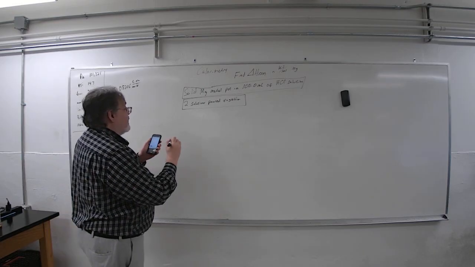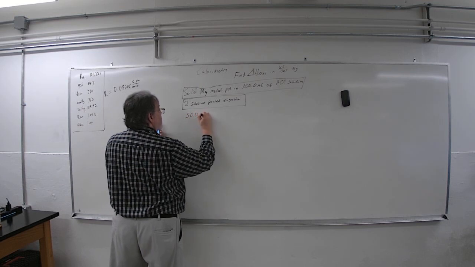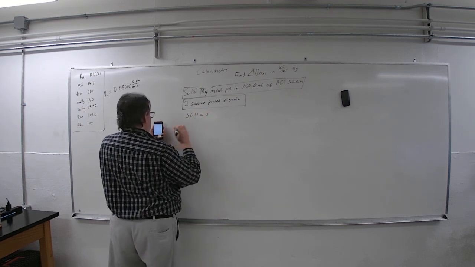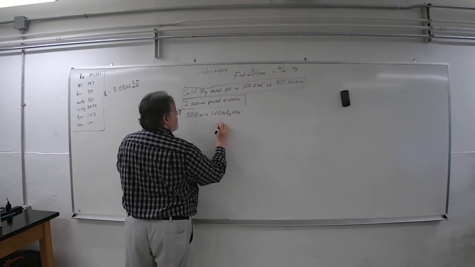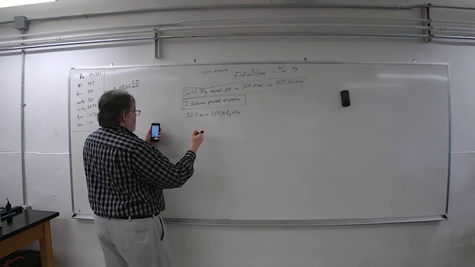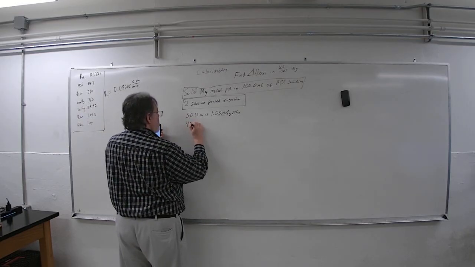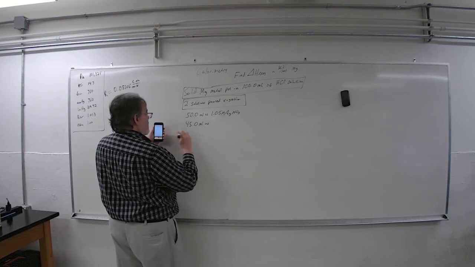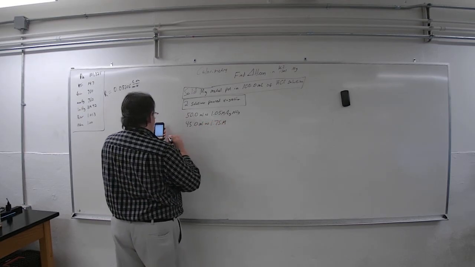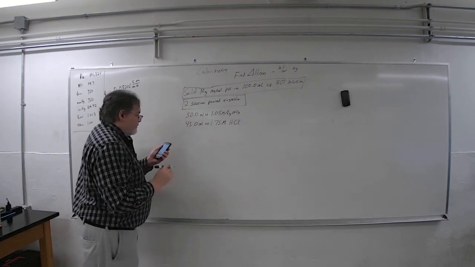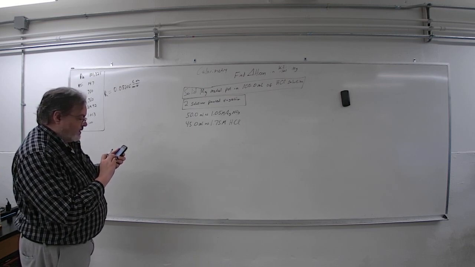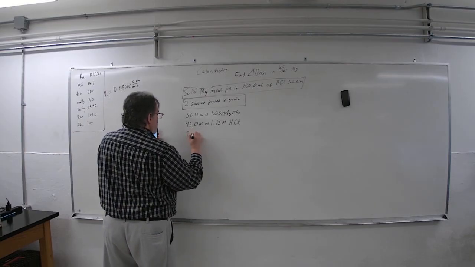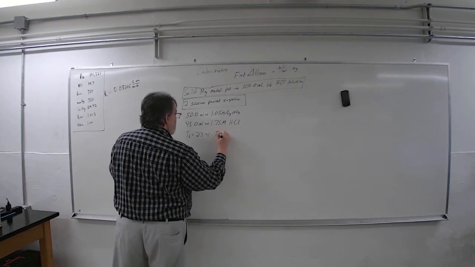So this one: 1.05 molar AgNO3 is mixed with another solution. Initial temperature is 23.4.